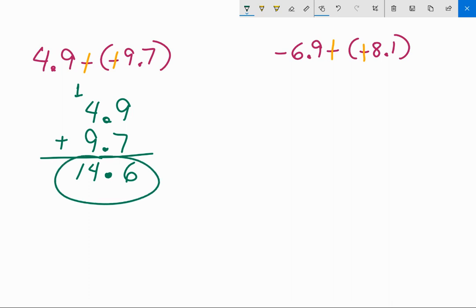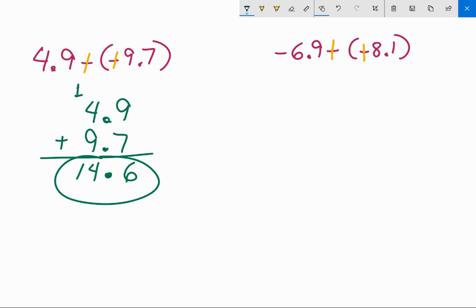The other problem, negative 6.9 plus a positive 8.1, is what that turned into after we got rid of the minus and negative. Now this is the kind of problem where you have a different sign. We have a negative number added to a positive number.